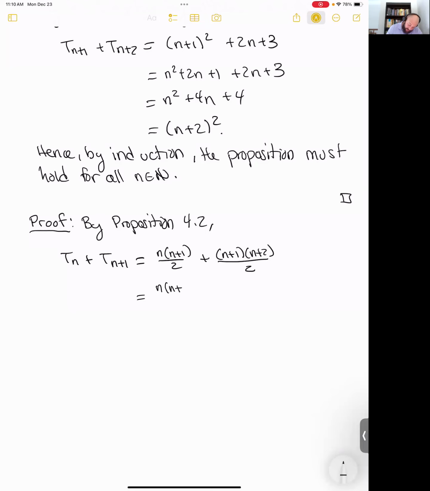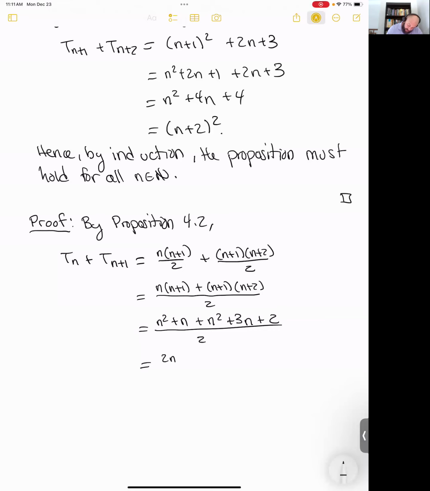So that's n times n plus 1 plus n plus 1 times n plus 2, all over 2, one big fraction. And then if you multiply this out, you get n squared plus n plus n squared plus 3n plus 2 all over 2.